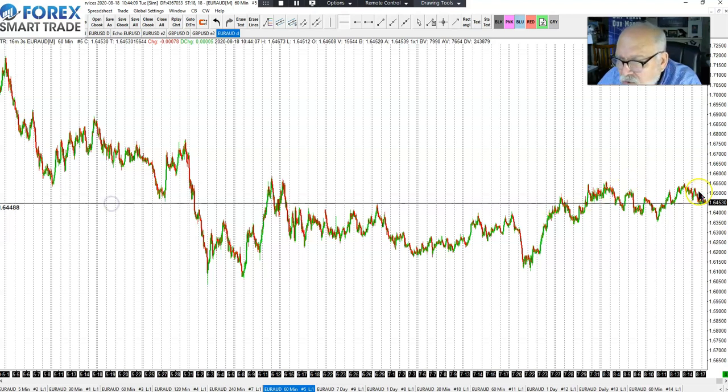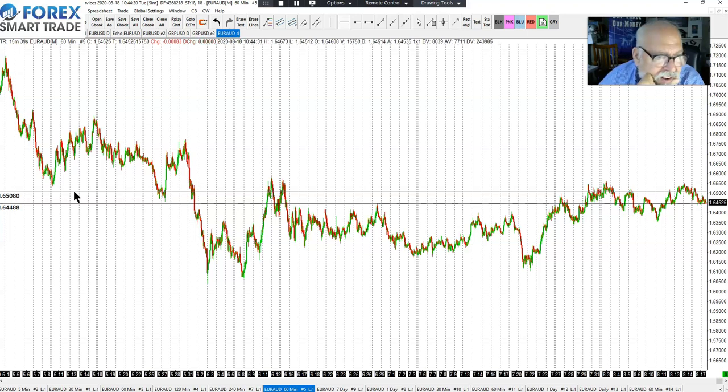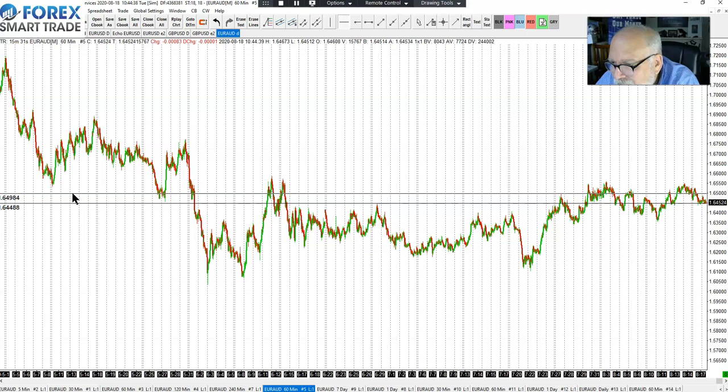So right here, it seems to naturally stop. Stopped right in here. Bumped right in here. Right in here. Right here. And on a 60-minute chart, these tend to be about 30 pips apart. So let's see what we see here.